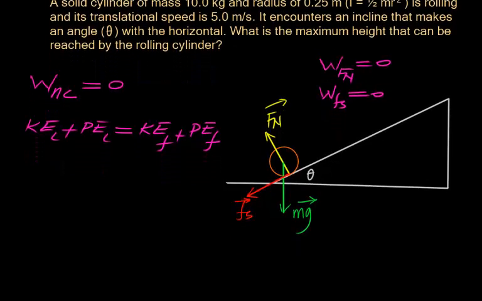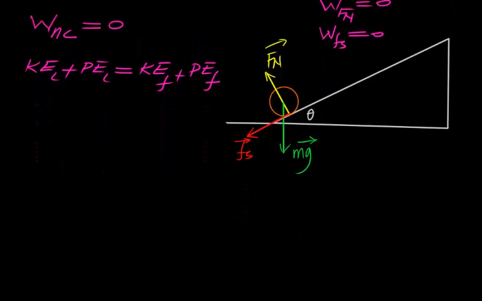Notice that the kinetic energy for rolling objects comes in two different forms, translational and rotational. The kinetic energy initial is equal to 1/2 mv initial squared plus 1/2 I omega initial squared.